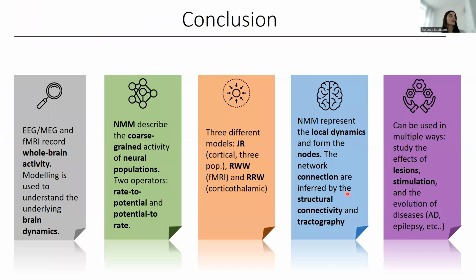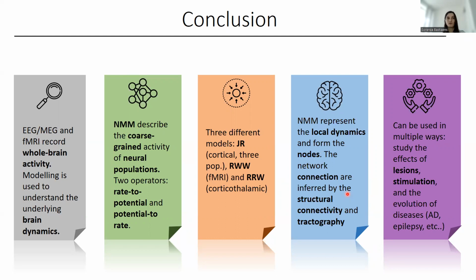So in conclusion, we have first seen how EEG and fMRI record whole brain activity and how modeling can be used to understand the underlying brain dynamics of the phenomena observed with those modalities. Neural mass models describe the coarse-grained activity of neural populations, and they have two main operators, a rate to potential and a potential to rate operator for convolution-based neural mass models.